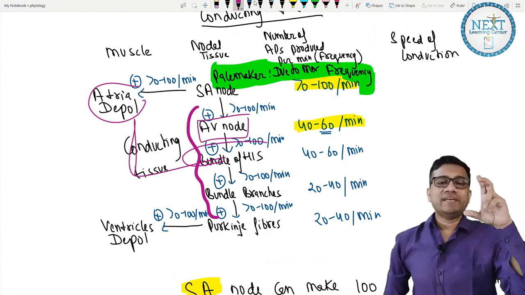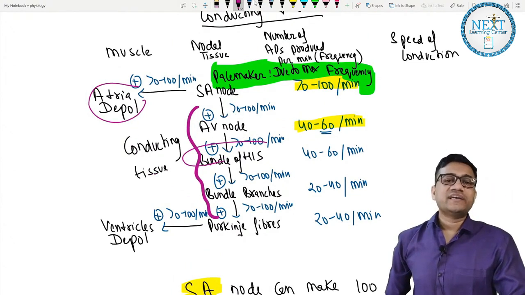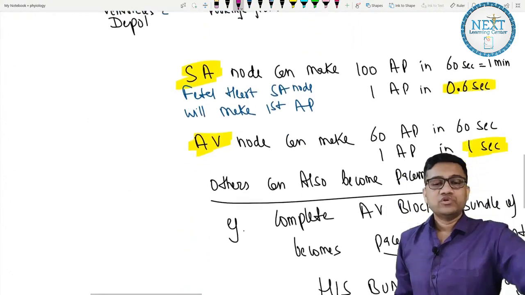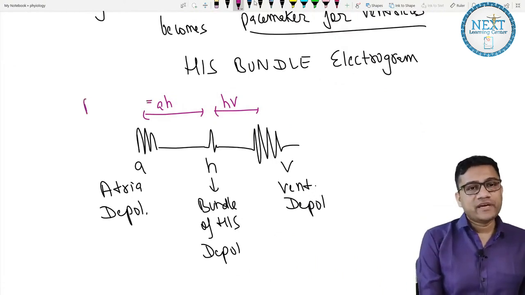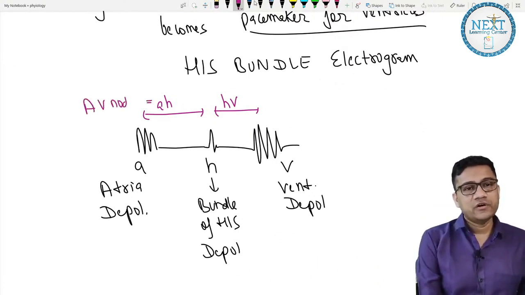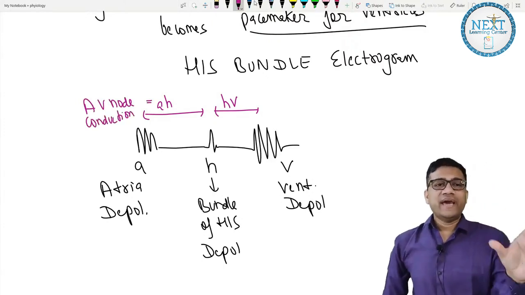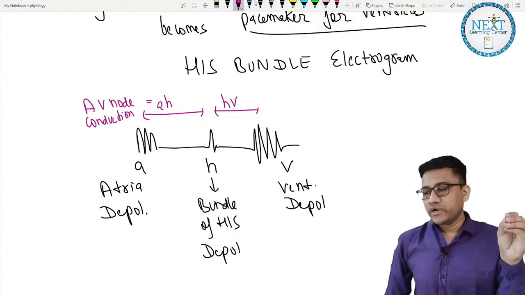So that means it indicates the conduction, the travel through the AV node. So AH indicates AV node conduction.